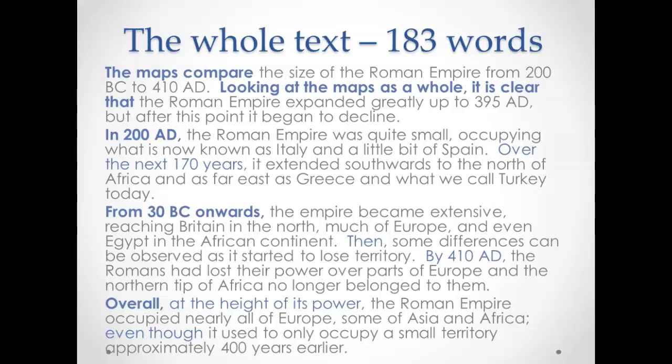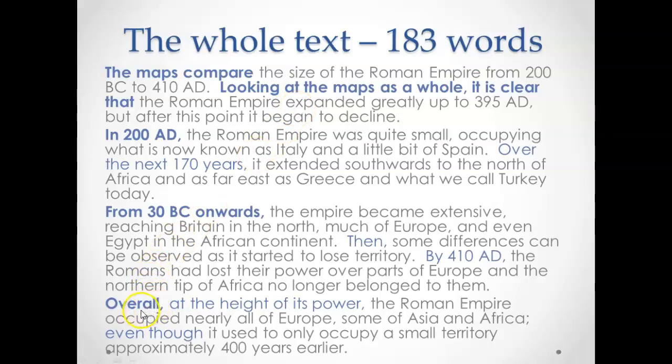Here is the whole text. I won't read it again. You can pause this video and read it carefully by yourself. But notice, the whole text is 183 words because there were 4 maps and there was quite a bit of information. Can I just remind you, at the beginning we have, it is clear that, the most obvious difference.